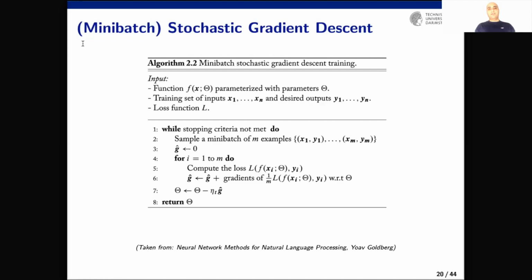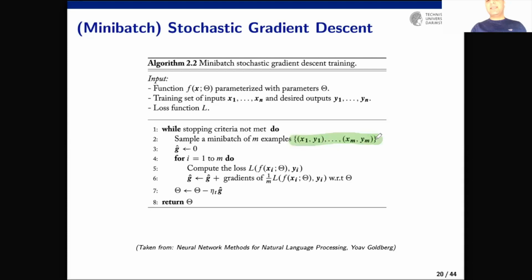One alternative is to use mini-batch stochastic gradient descent. Instead of treating samples one by one, we treat them as a batch.